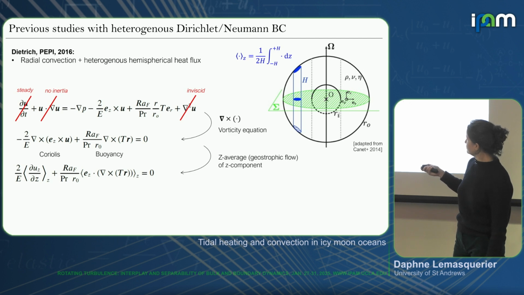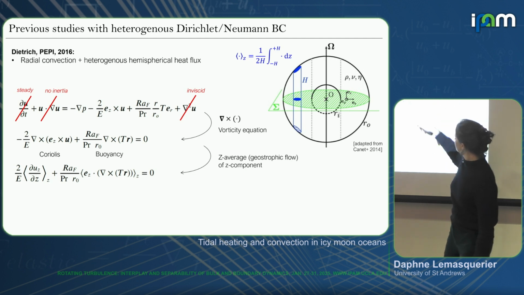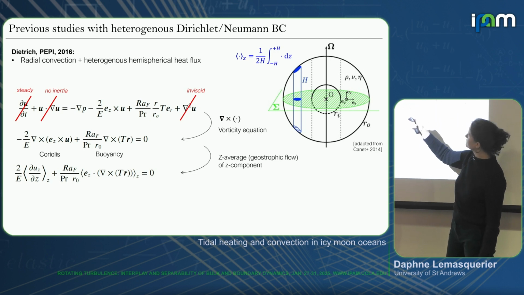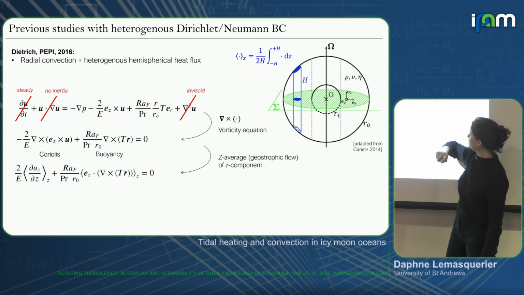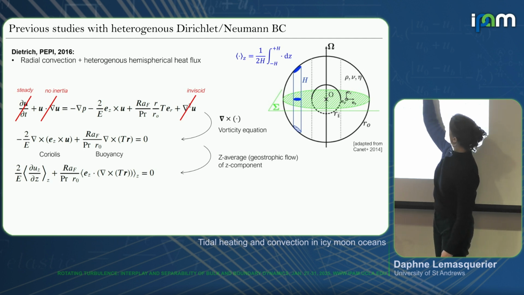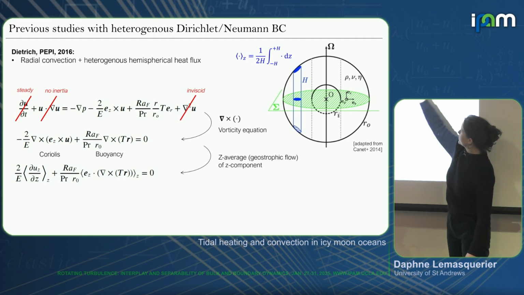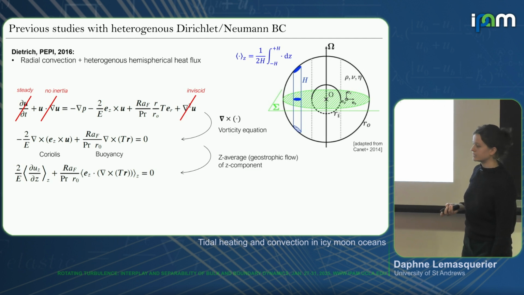And then we're going to take the z component of this equation, so focus on the actual vorticity equation. And then we're going to average this equation vertically. So the vertical average is defined here: it's 1/2h, the integral from minus h to h, where h is the half height of this fluid column measured along the rotation axis. So we're basically looking for the geostrophic flow here.